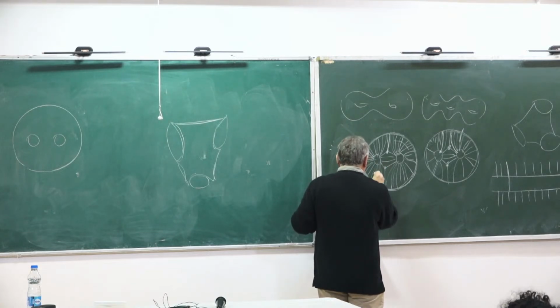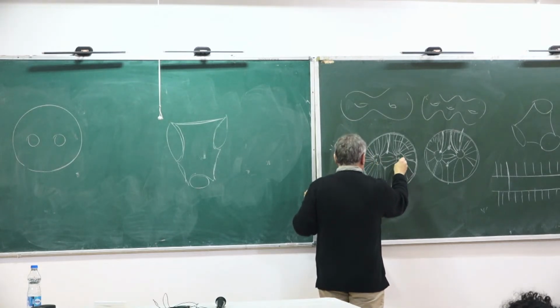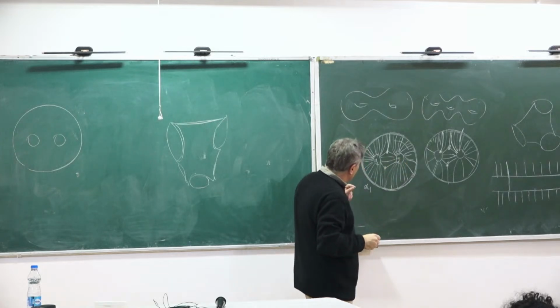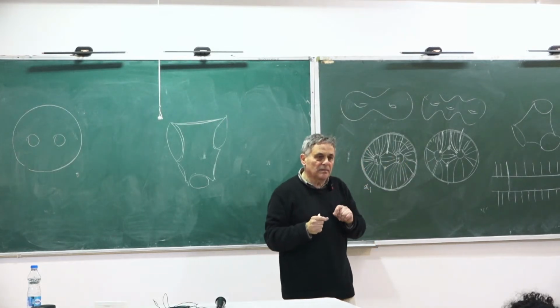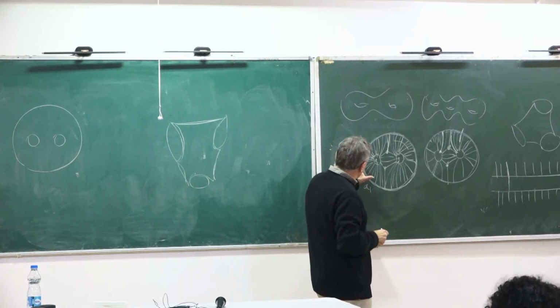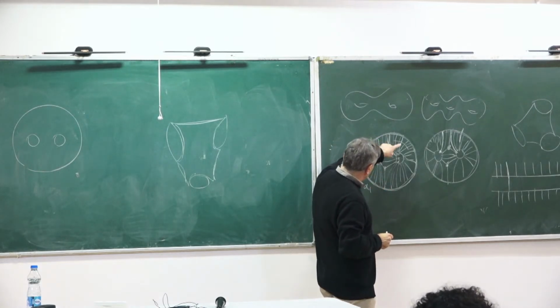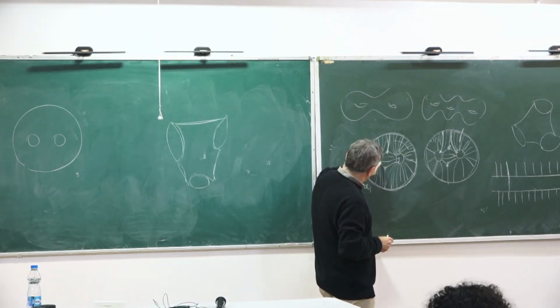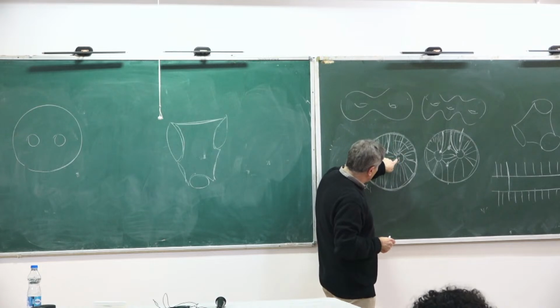Let's say A1, A2, A3. They must satisfy some triangle inequalities, because this will be the transverse measure of this big one, and then there's a transverse measure of this one, and of this one.